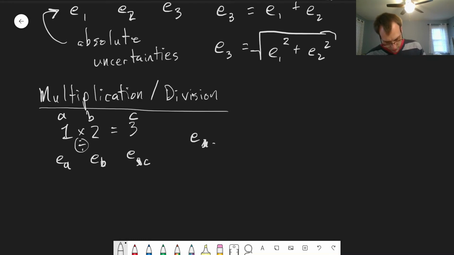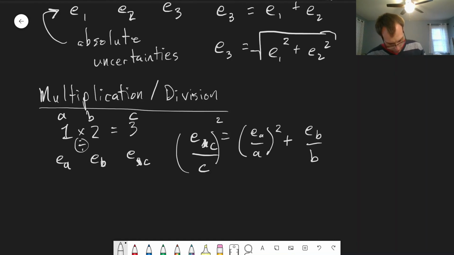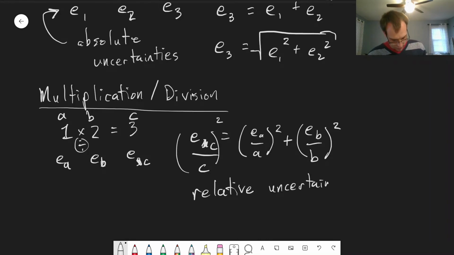The uncertainty in C divided by C, that entire thing squared, is equal to the uncertainty in A divided by A squared plus the uncertainty in B divided by B squared. So it's still that we square the uncertainties and add them together, but now you've noticed the difference here is that we're using relative uncertainties instead of absolute uncertainties.